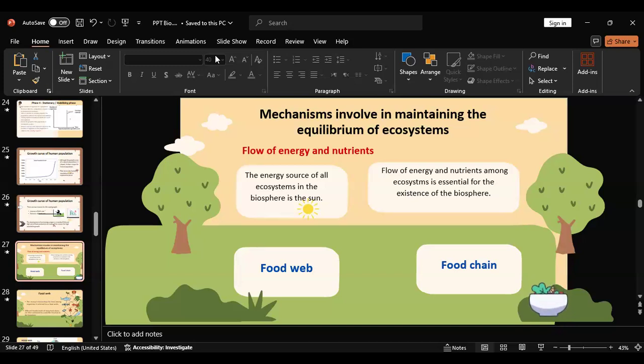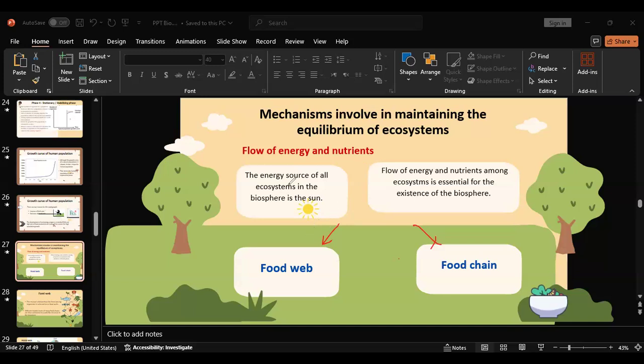Through this mechanism we are getting some of the nutrition as well. In this part we will see about the food web and the food chain. For example, we consume food from the plant, then whatever it is, we will see later.